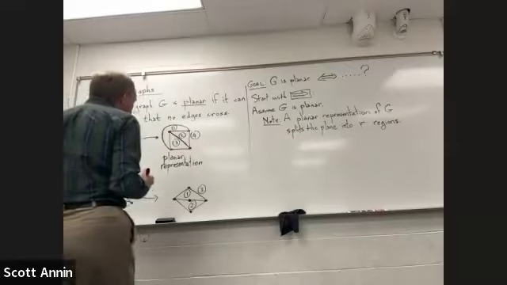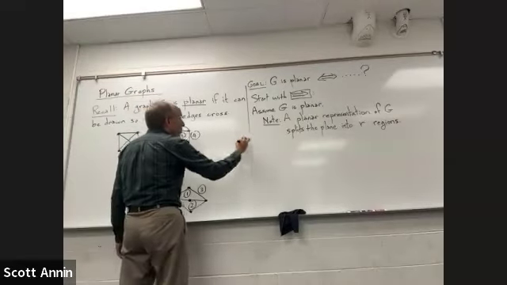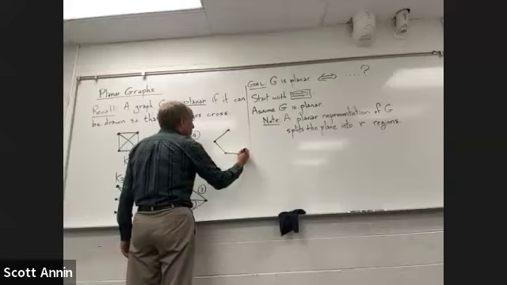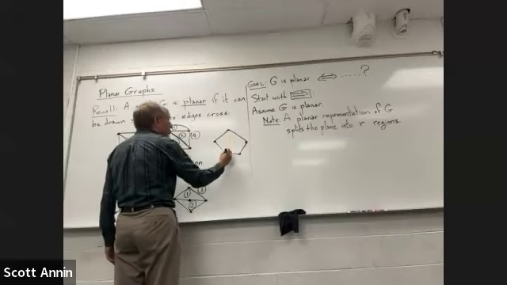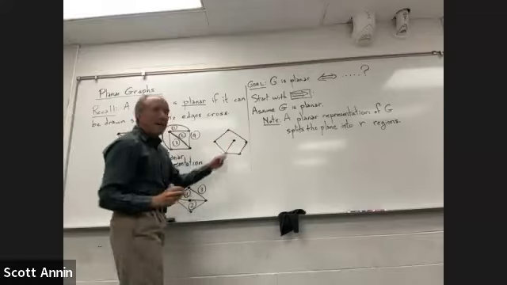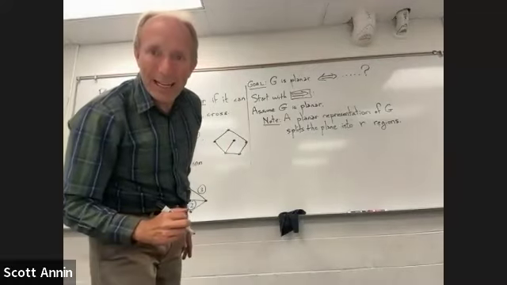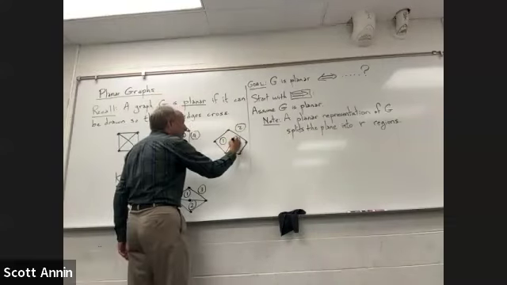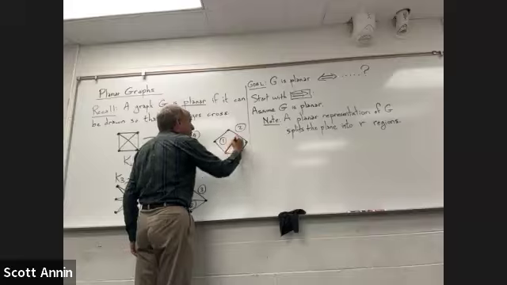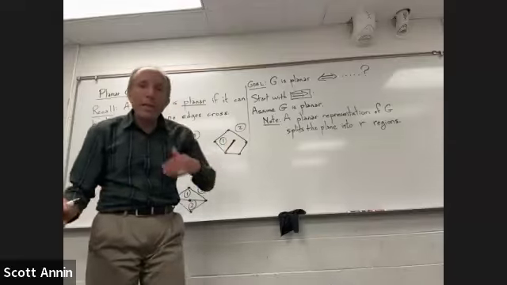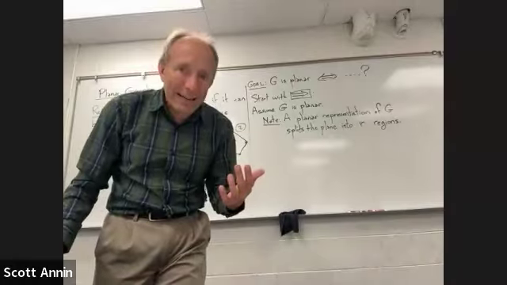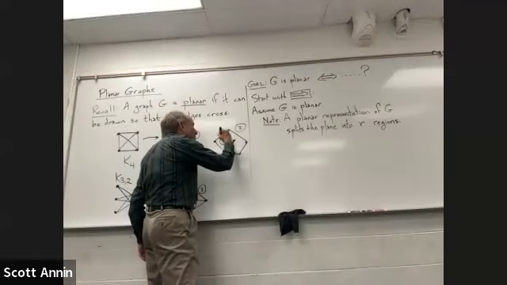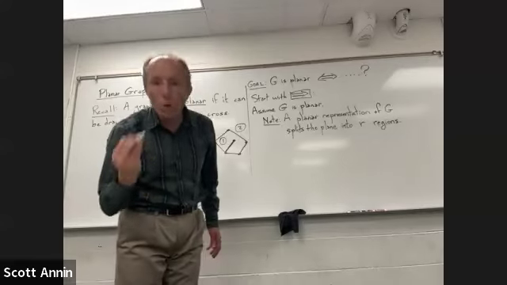Actually, it is possible. Let me draw one more example here so we can look at it. It's possible that when you look at your planar representation, you can have an edge that's just sticking into the middle like this. So here I only have two regions, but there is an edge right here that is contributing twice to the boundary of region 1 only.